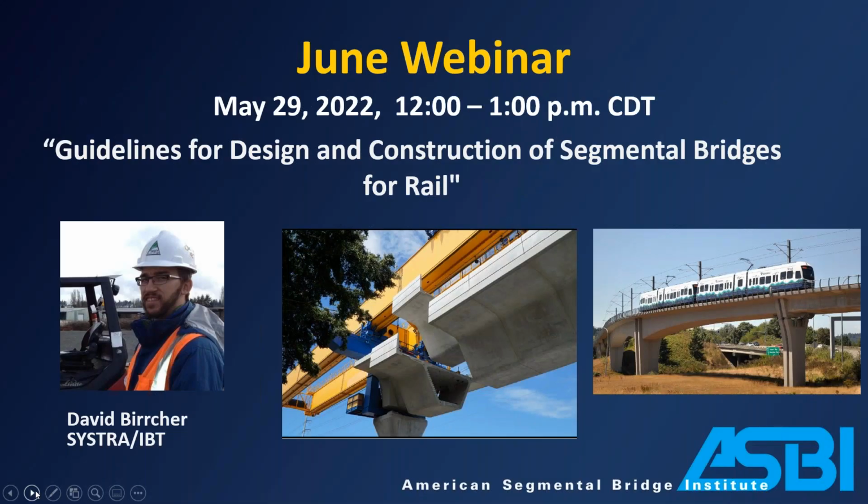And then in June, our monthly webinar, we're going to be talking about the guidelines for construction and design of segmental bridges for rail. This won't be a chapter by chapter or page by page walkthrough of the manual, but more an overview of the information that's found there and what makes segmental bridges unique as far as their use to support rail.